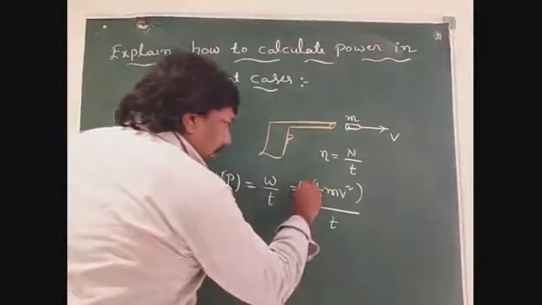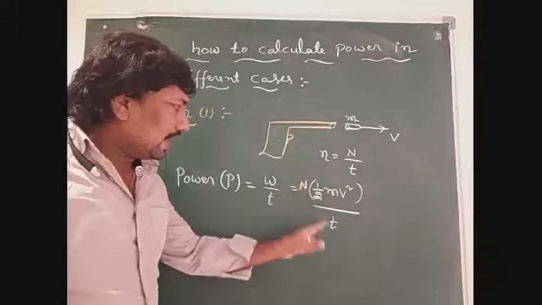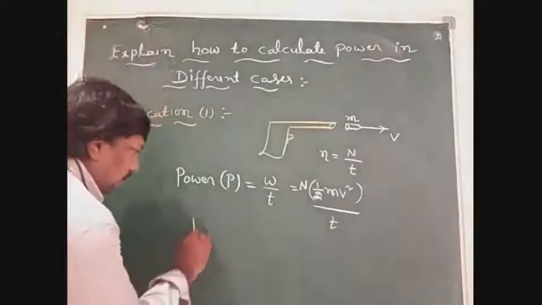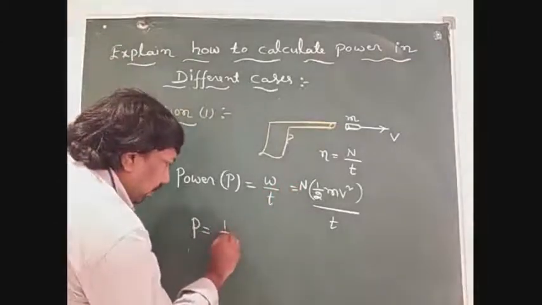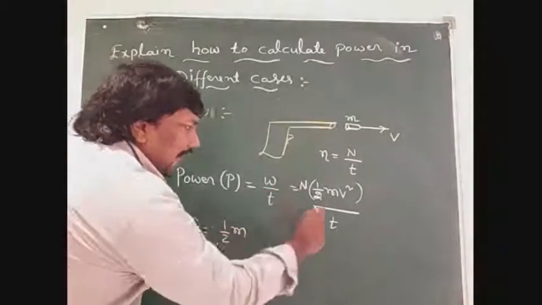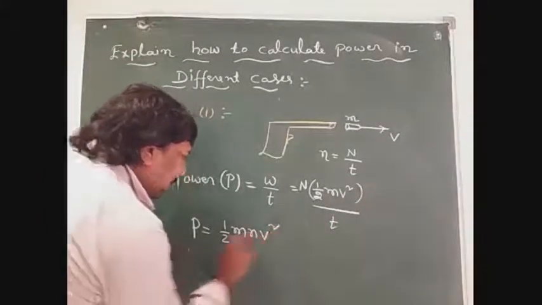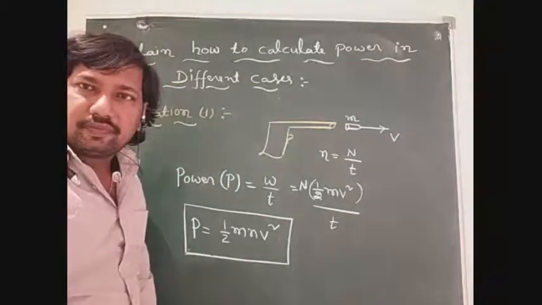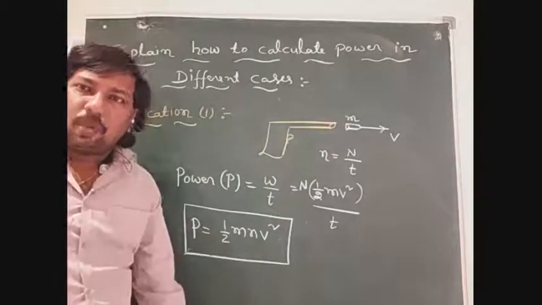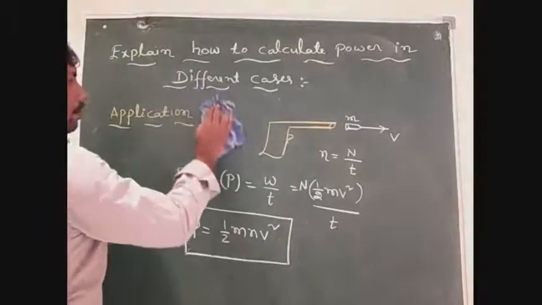The number of bullets released per second is n by t. Therefore, the power of the machine gun P equals half of m into n by t into v square. This is the power of the machine gun. Okay, next, application number 2.